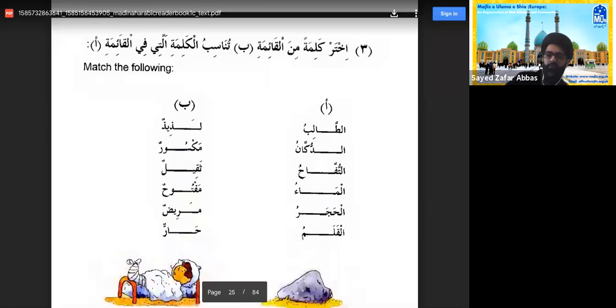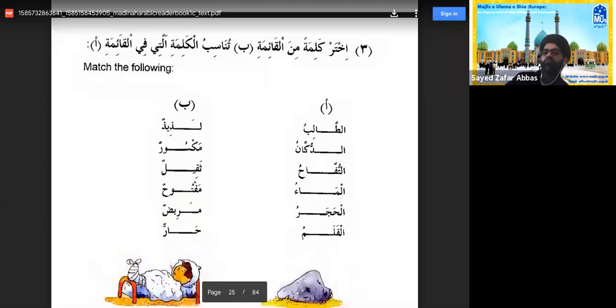We have column alif, which has all the nouns: al-talib, al-dukkan, al-tufah, al-ma, al-hajar, al-qalam. And then column ba, which has the descriptors. So ladid, maksur, thaqil, maftuh, marid, hard. So in column alif we have al-talib.